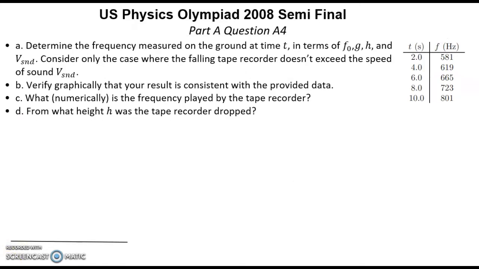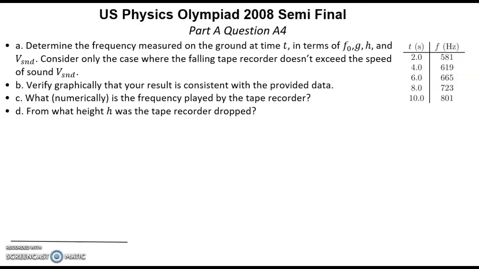Solution. First of all, we cannot use the Doppler effect directly here because the source is moving with a non-constant speed. The speed is always increasing, and it means that in time t we are catching sound which came from the source emitted in time t prime.